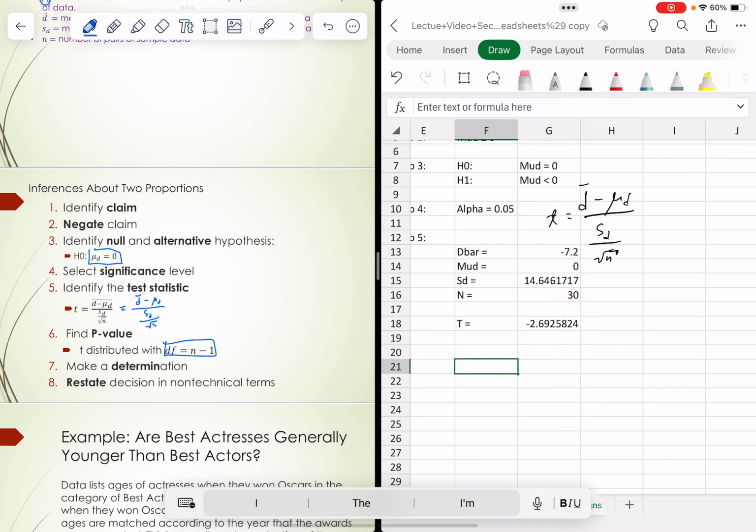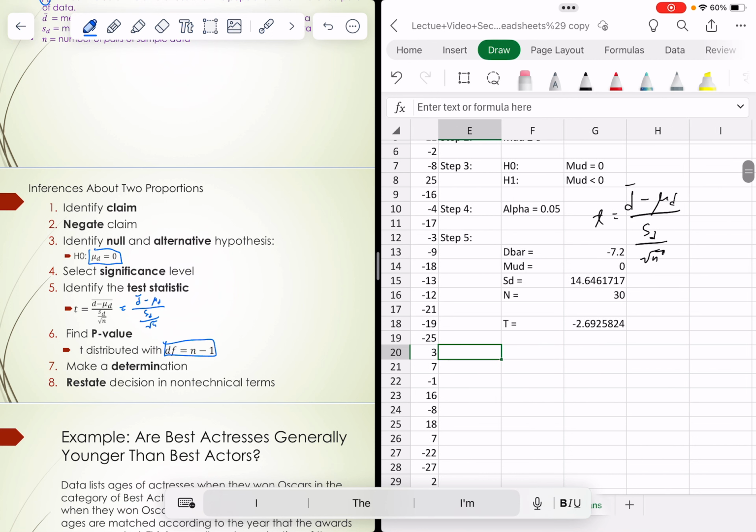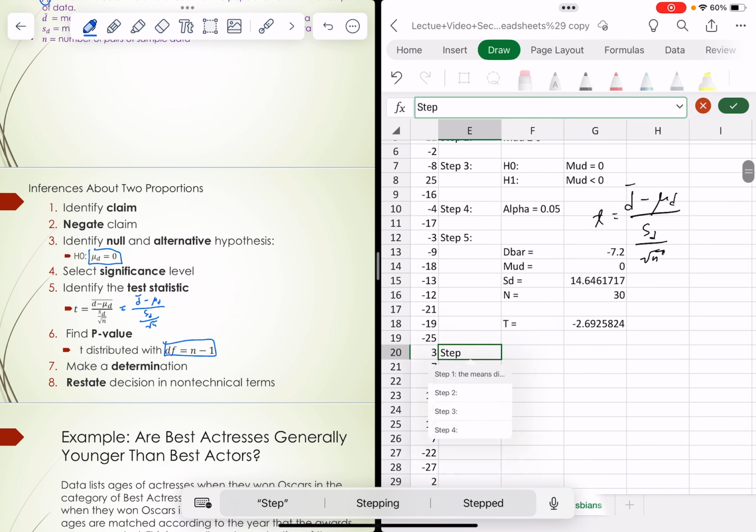Negative. So the test statistic is negative. So our data is 2 standard deviations below. So I think we may be able to reject the null hypothesis here in favor of the alternative. But let's not guess. Let's make sure.